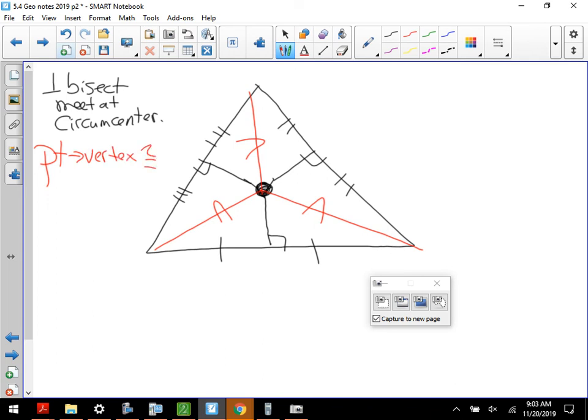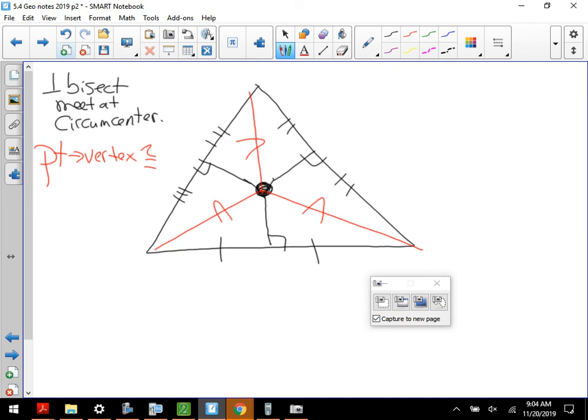This is the circumcenter. The circumcenter has the point to vertex. Now, it says that in the definition, but it's not marked in that diagram. So it wouldn't be a bad idea in that diagram in the top right corner to draw from that point to the vertices and label them congruent.